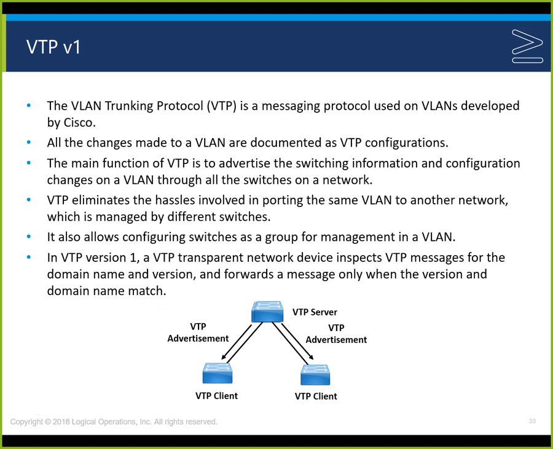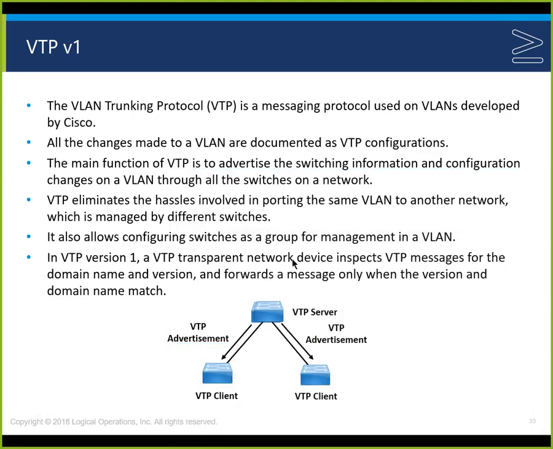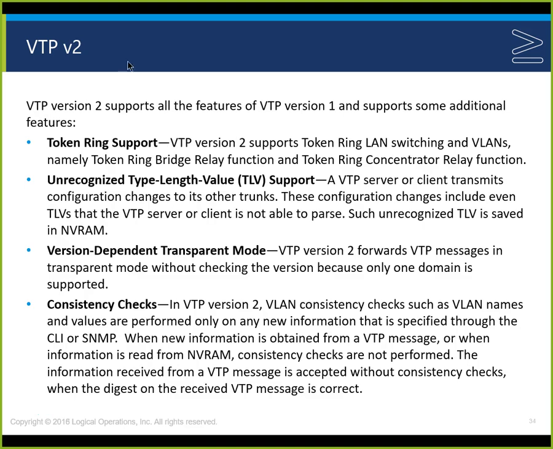Even in Packet Tracer, we're in VTP version 2. You're probably not going to see VTP version 1, but it does inspect the messages to be sure that the domain name and version are correct, and forwards them only when the version and the domain name match.